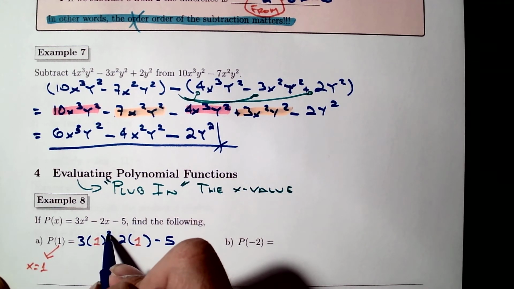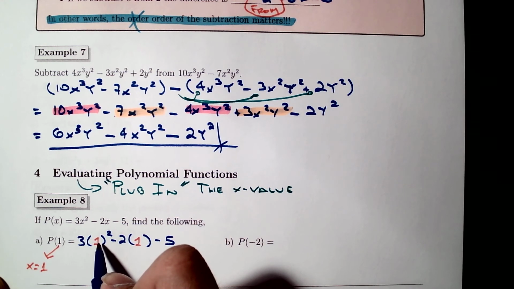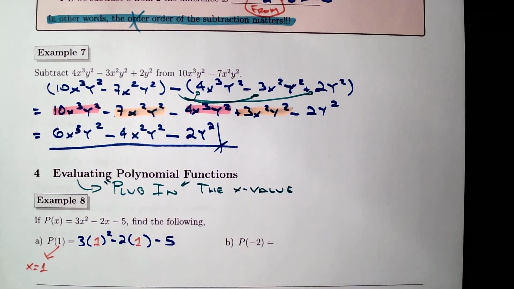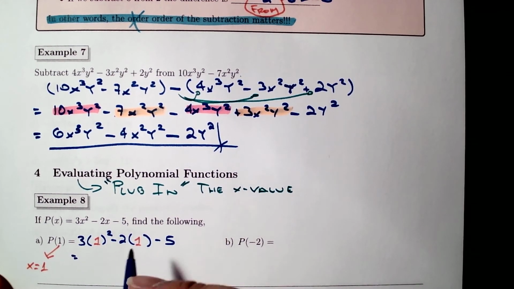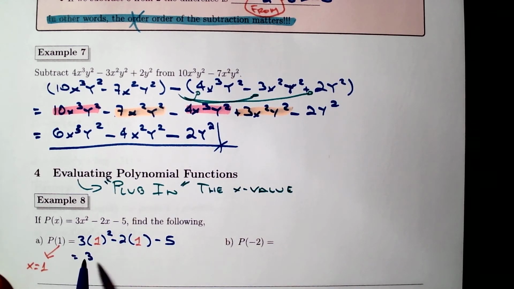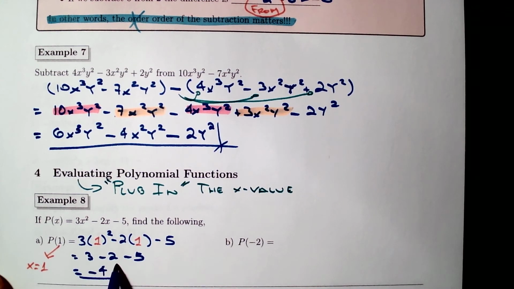So 1 squared is 1, and then 1 times 3 is 3. And then negative 2 times 1 is a negative 2, and then just carry over this negative 5. And then from here just simplify: 3 minus 2 is positive 1, minus 5, which equals negative 4.